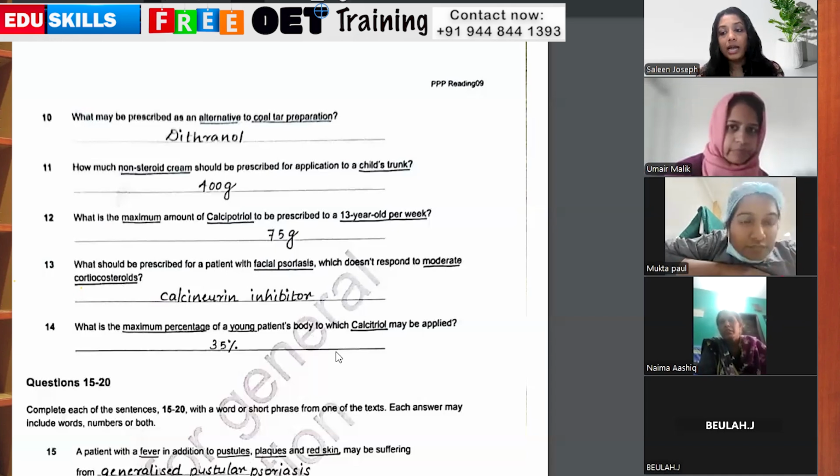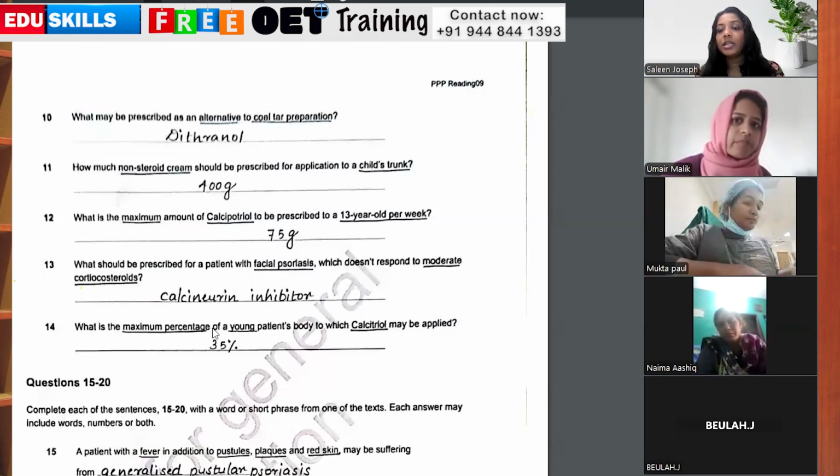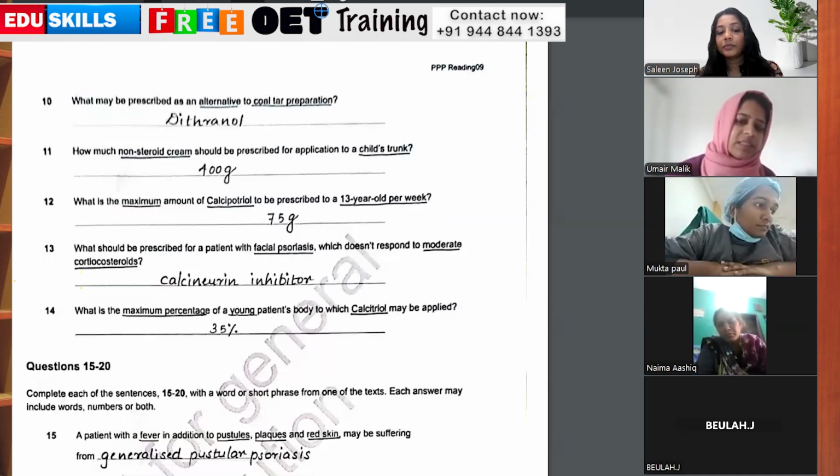Don't write 30 grams, because they asked here for the maximum percentage, not the maximum amount. So the answer is 35%. They will not ask for 35 in words; they will ask maximum percentage, so the answer will be 35% only.